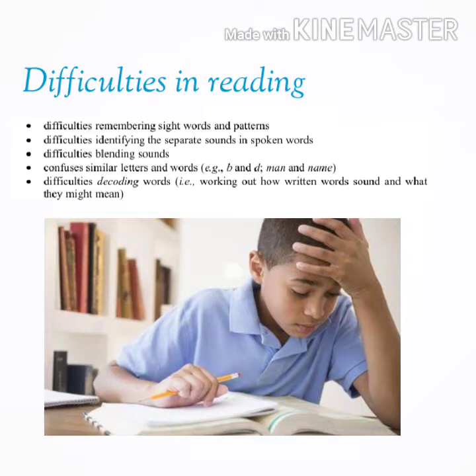Then difficulties blending sounds. Confuses similar letters and words, for example B and D, then man and name. The next is difficulties in decoding words, so working out how written words relate to sounds and what they might mean.